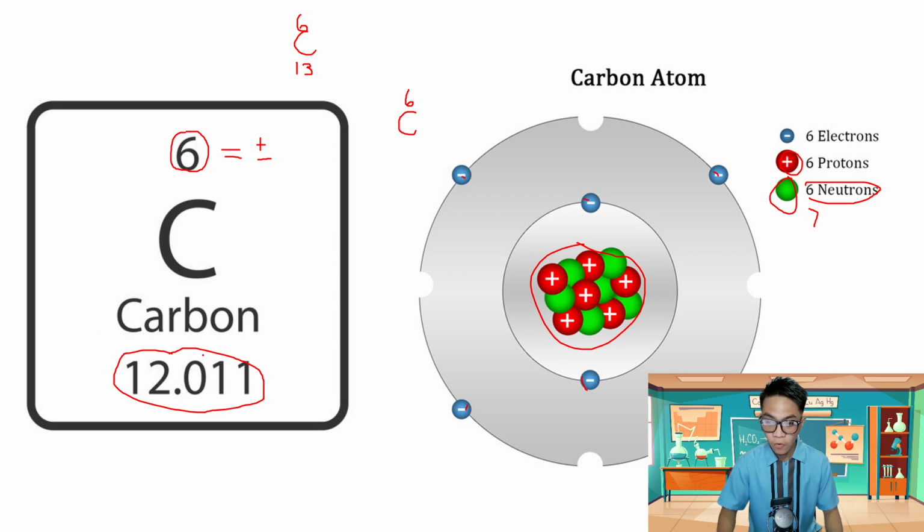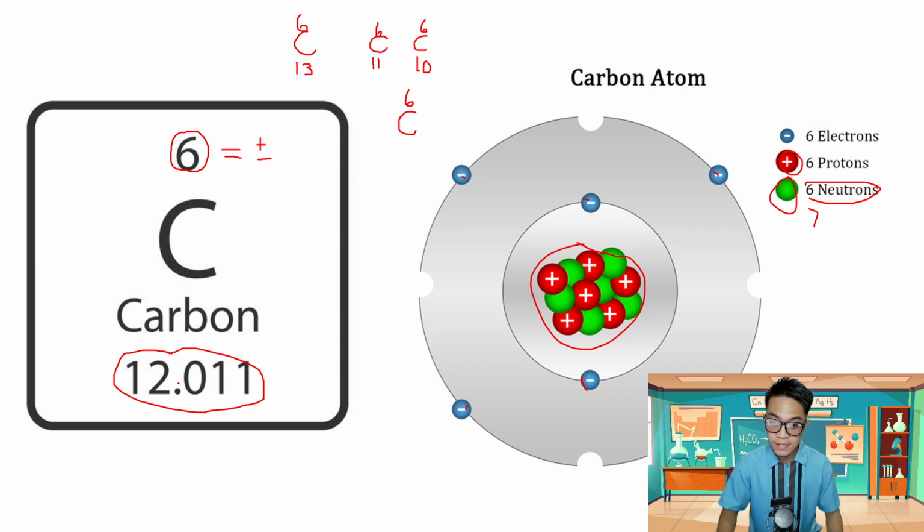Now, what does this decimal point represent? Since carbon has a couple of isotopes, let's say we have a carbon which has only 5 neutrons or even 4 neutrons, so that's only a 10 atomic mass.